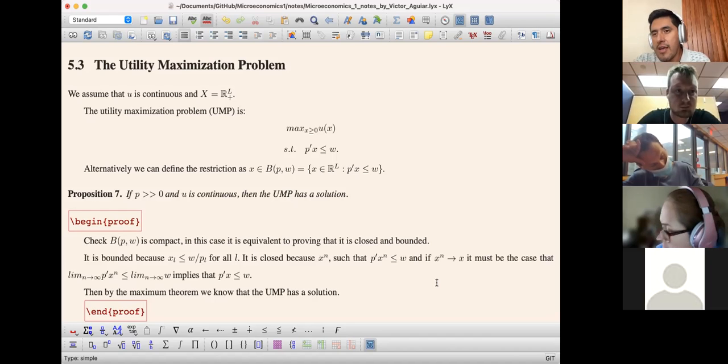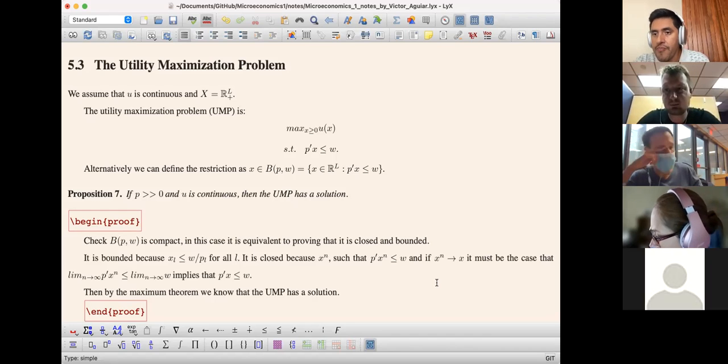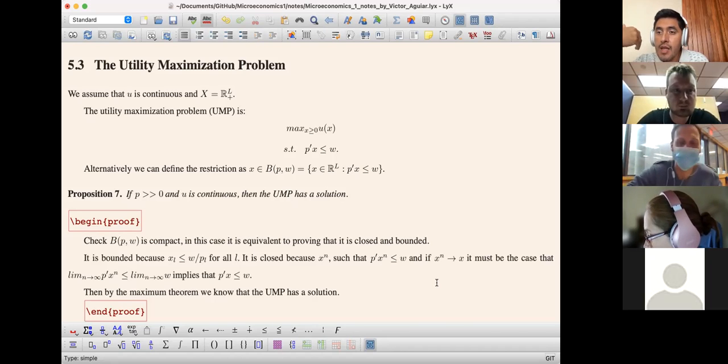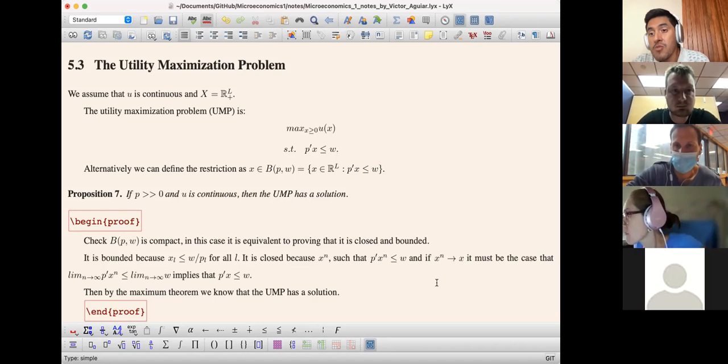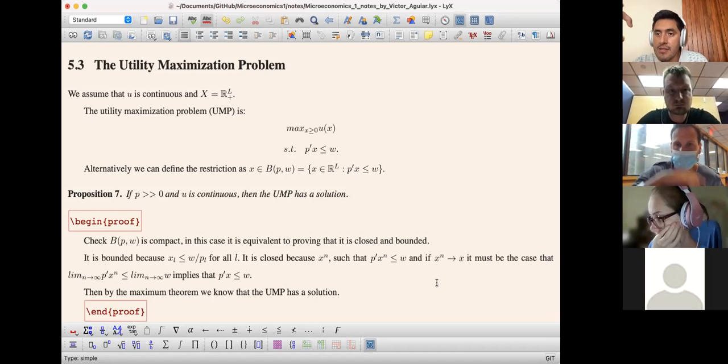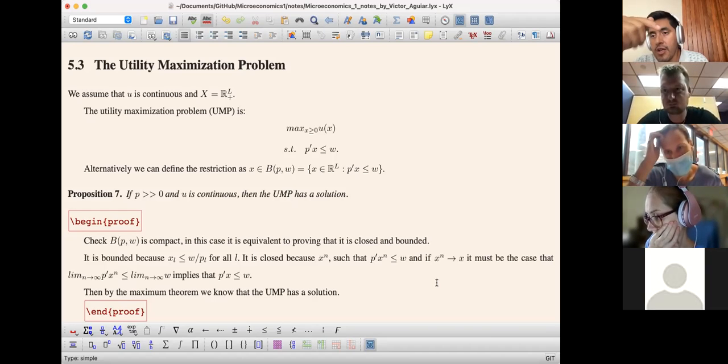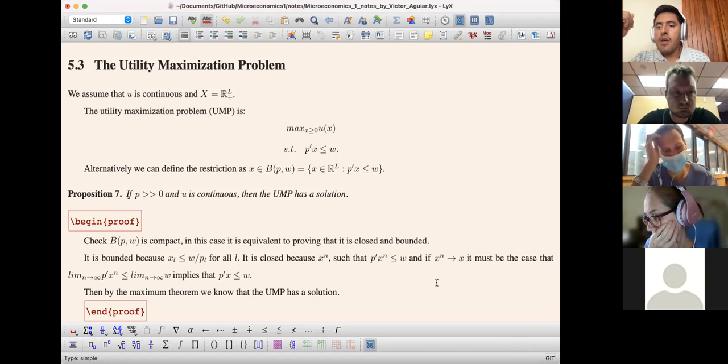However, continuity is really a technical assumption, as I mentioned, and it's not really testable. As I told you in the previous class, there is no experiment that can actually test the continuity assumption. So in that sense, the gap between the existence of a utility and the preference relation is really a technical gap.